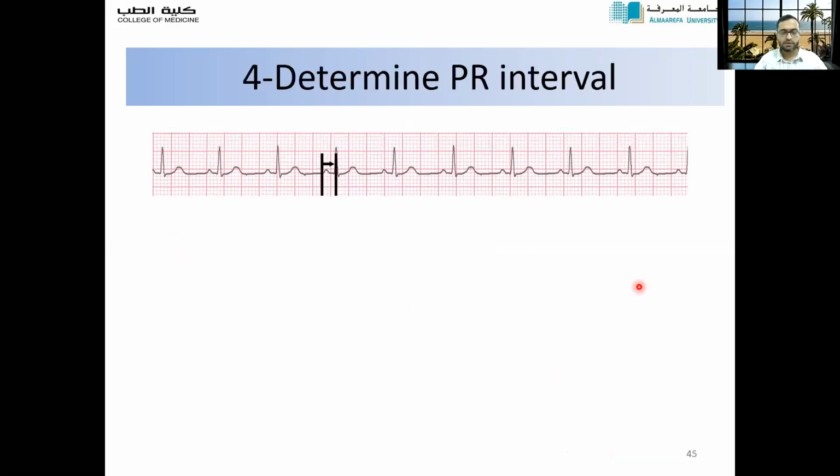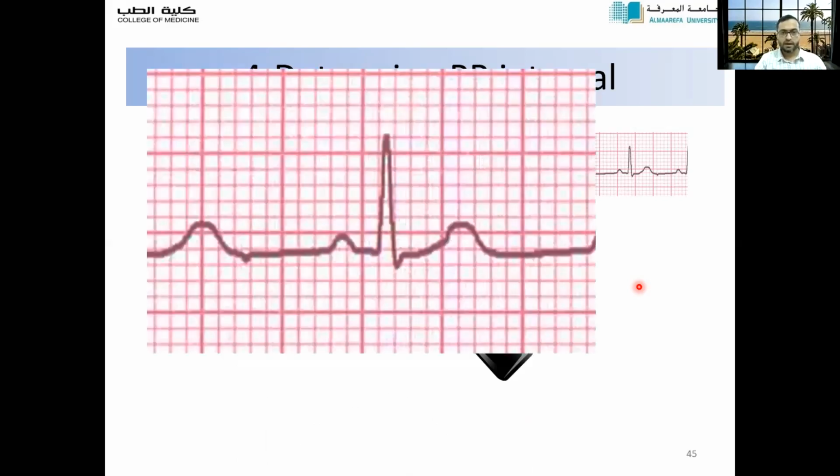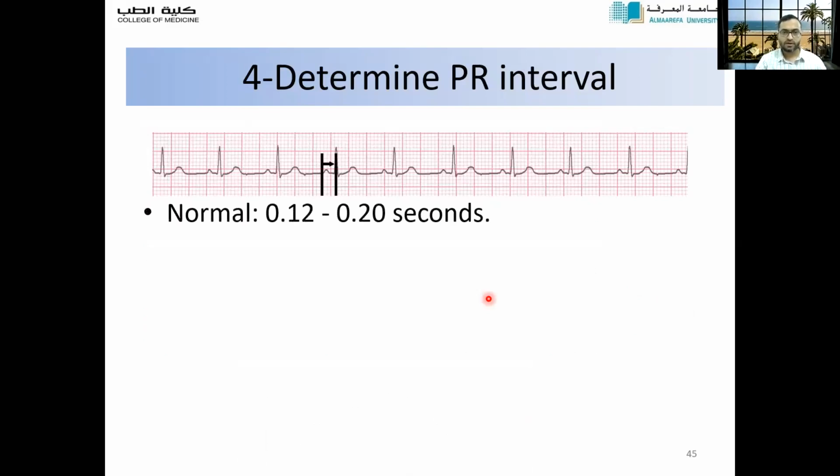And now coming to determining the PR interval, the fourth step of the rhythm analysis. Just to revise, it's from the beginning of the P wave to the beginning of the QRS complex, and you have to count the number of small squares here and then convert it into seconds. The normal value is between 0.12 and 0.2 seconds, that is 3 to 5 small squares.